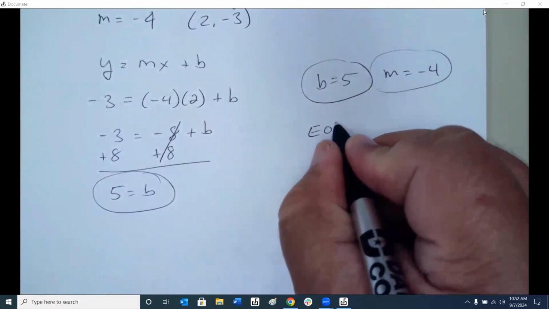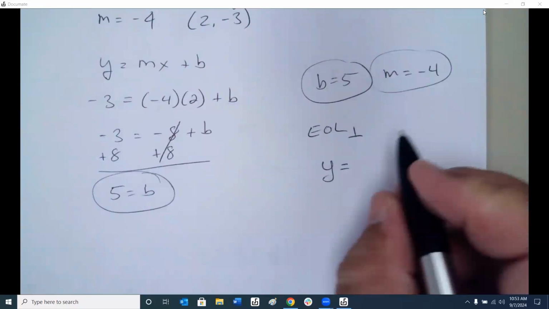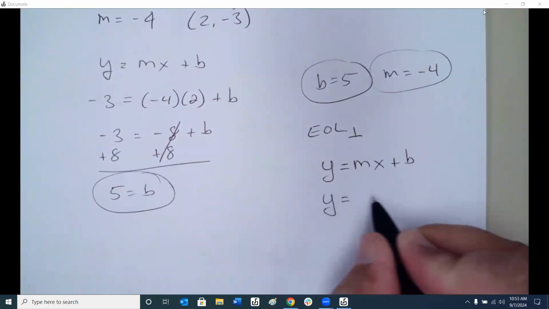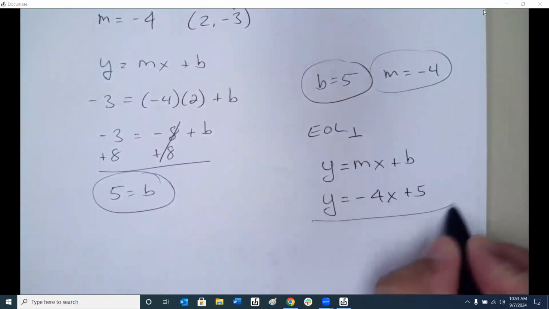So the equation of the line perpendicular is y equals -4x plus 5.